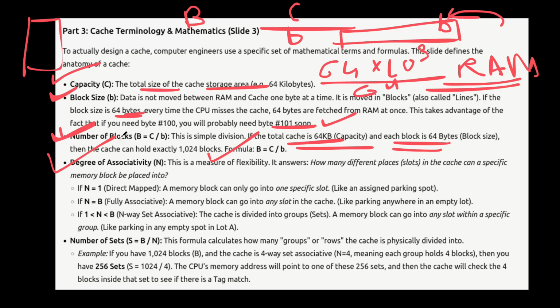Now the next thing is degree of associativity, denoted by capital letter N. This is the measure of flexibility: how many different places in the cache can a specific memory block be placed. If N's value is 1, a memory block can only be placed in one specific slot.